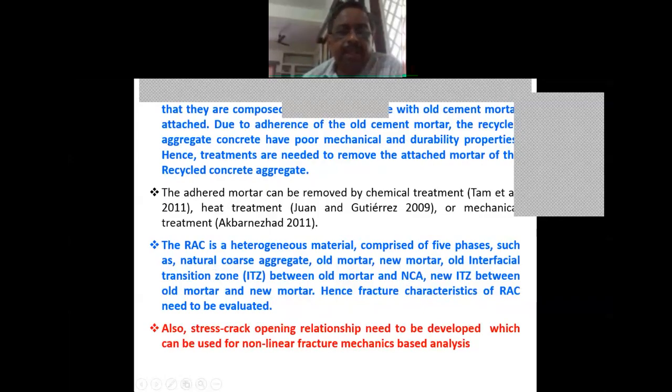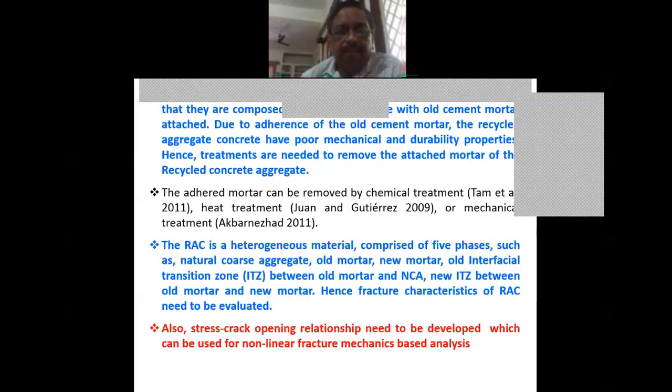Whichever is weak creates a problem and causes failure, and it has durability related problems. So strength wise, when you are replacing at an equal level, there will be a problem in the mechanical and durability properties, and how that has to be overcome we will see in my presentation.